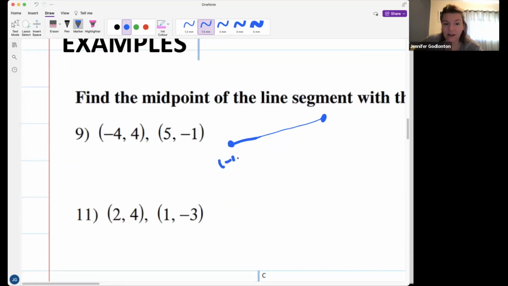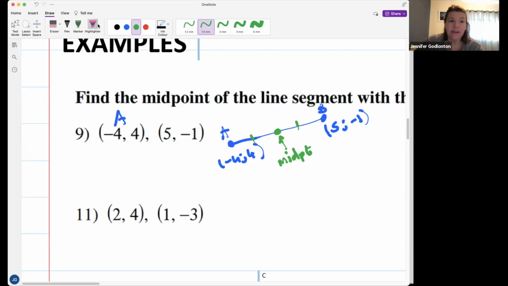We've got -4 and 4 as our 1 point. So let's just call this point A. And then we've got point B, which is 5 and -1. And we are looking for the coordinates of that midpoint.